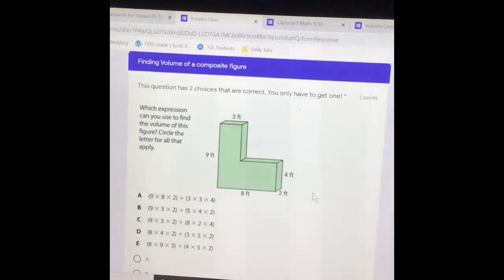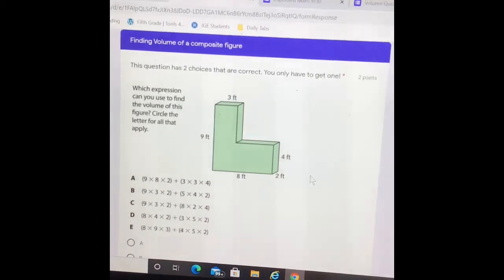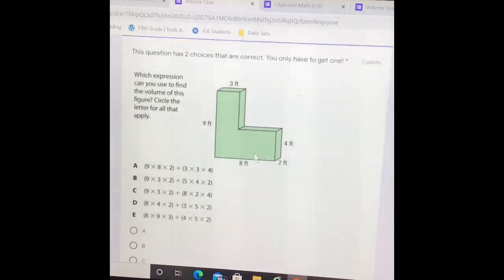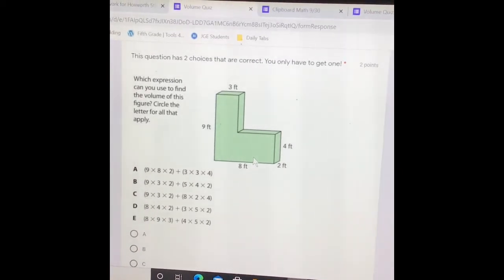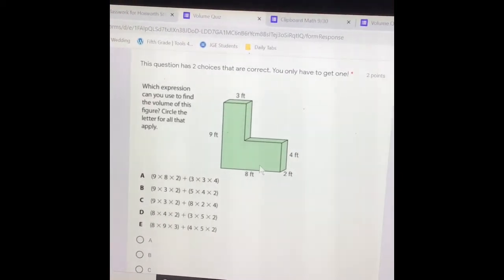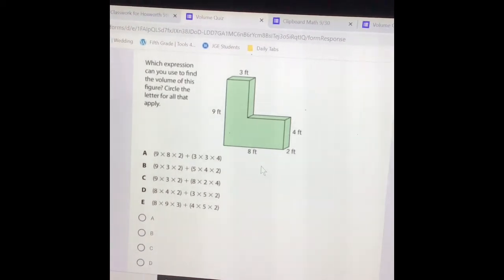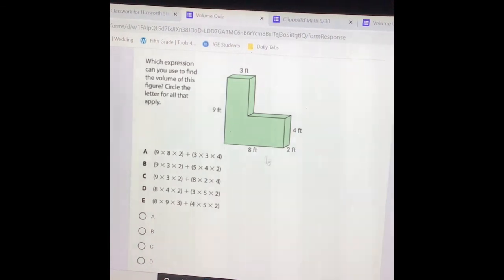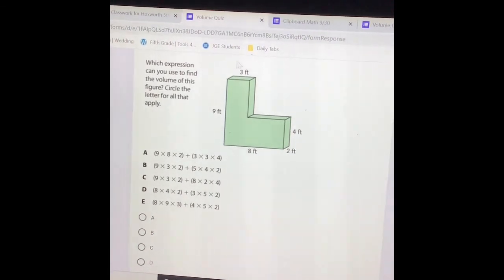Next question. Which expression can you use to find the volume of this composite figure? You know what's funny? Pretty sure if you were paying attention in class the other day, we did this problem together.